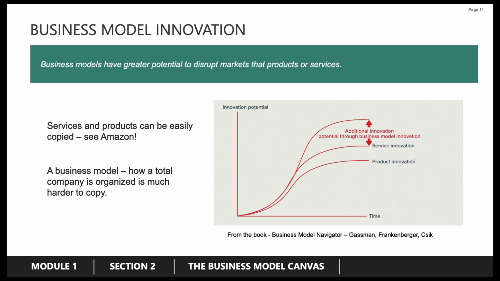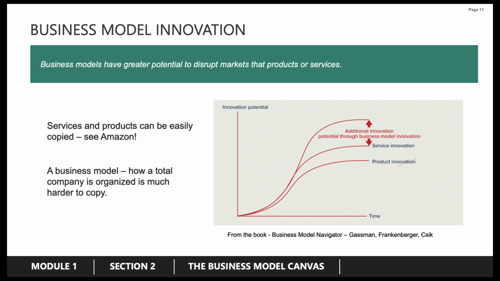Now, how and why should we focus on business model innovation versus maybe an idea we have for a product or service? A lot of research has been done on this, particularly around how effective business model innovation is versus a product or service. One way to look at this is to think of a product and then go onto Amazon and see how many different variations of that product there are.